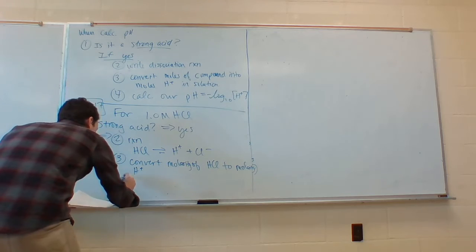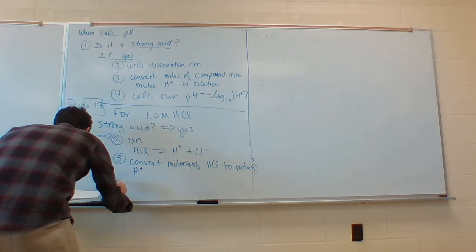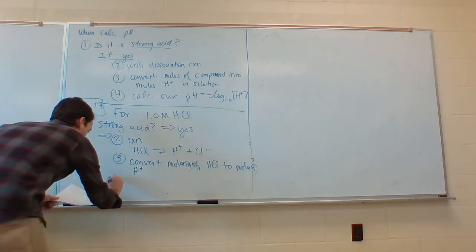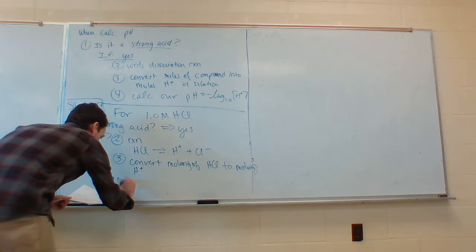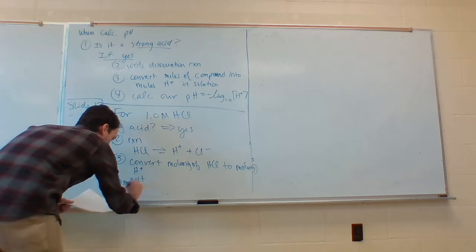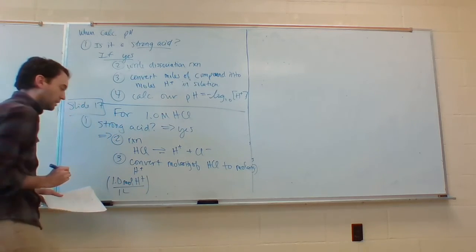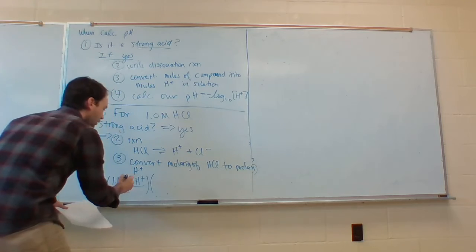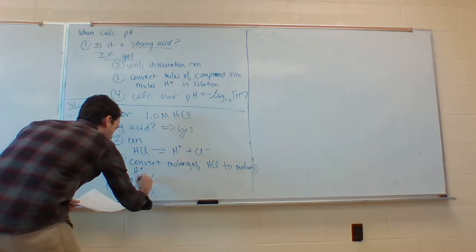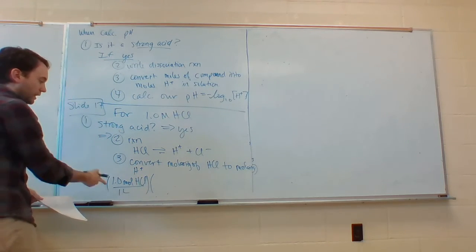So we know that we have 1.0 moles of HCl per 1 liter of solution, right?